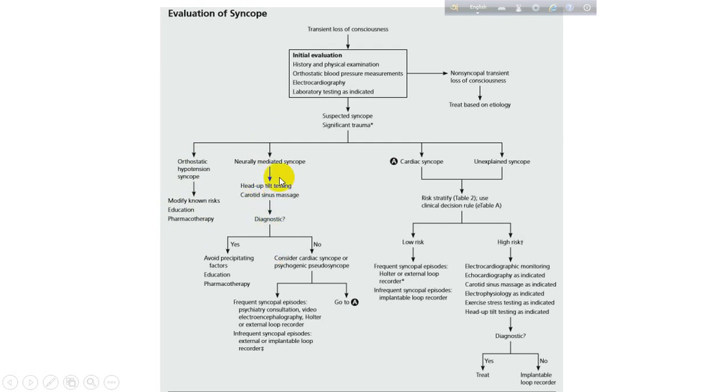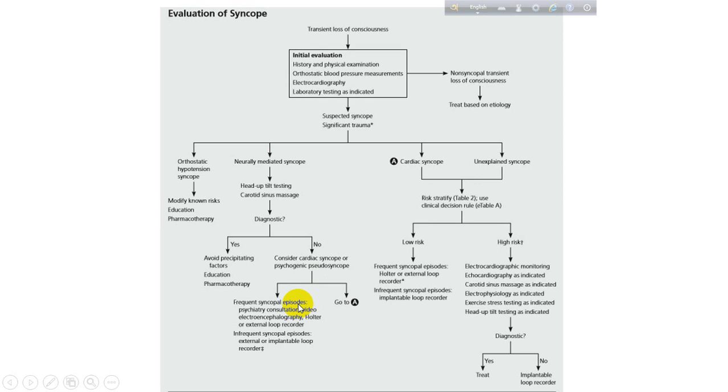If it is diagnostic of neurally mediated syncope, then avoid precipitating factors, education, pharmacotherapy. If it is negative, then consider cardiac syncope and psychogenic pseudosyncope.